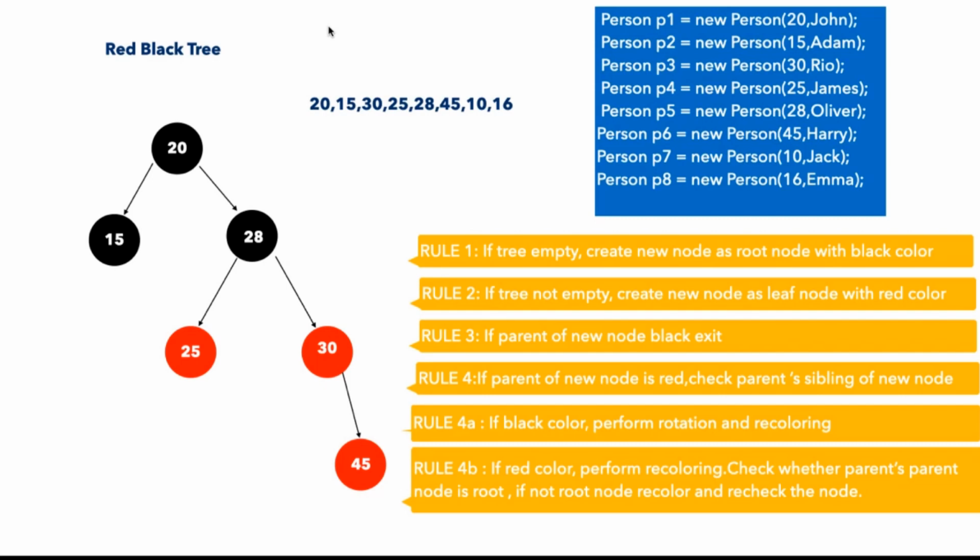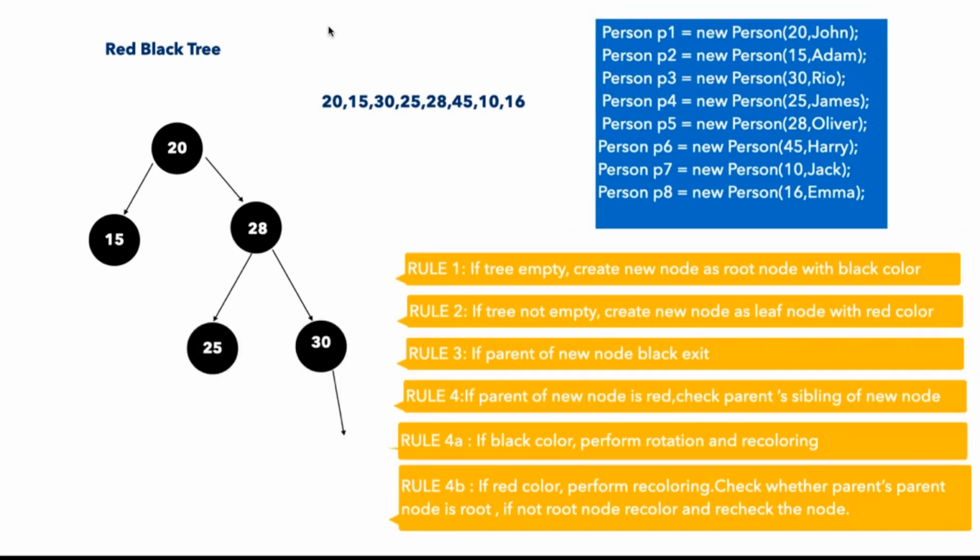As for 45, the parent node is 30 and it has a sibling 25. So it goes with the rule 4b. We need to recolor the node 25 and node 30 as black. Now the tree looks fine, so we will go with the next step.